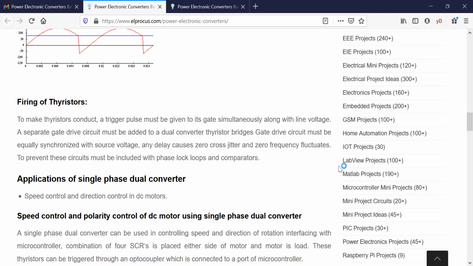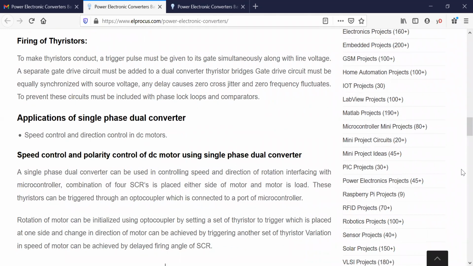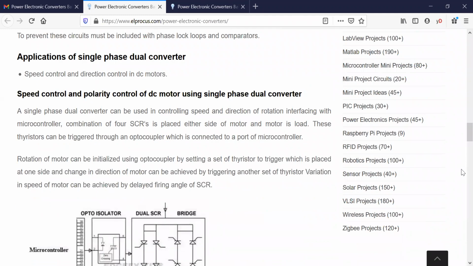So we are talking about the application of single phase dual converters. We are using the single phase dual converter to control the speed, and we are also using it to control the direction. Next is speed control and polarity control of a DC motor using the single phase dual converter.